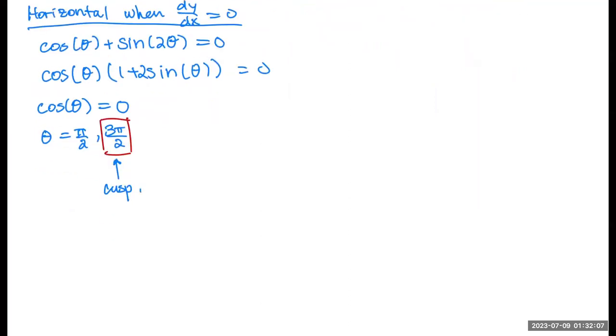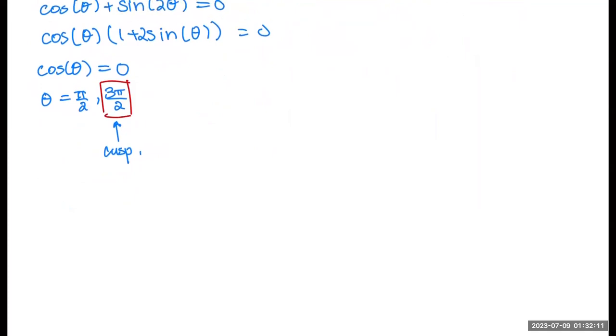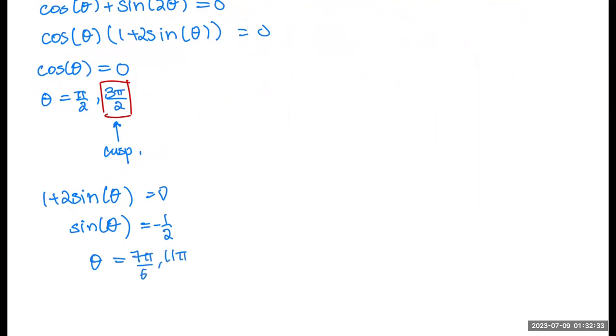As for the other solution, 1 plus 2 sine theta equal to 0, meaning that sine theta is equal to -1/2. So theta here can either be 7 pi divided by 6 or 11 pi divided by 6.